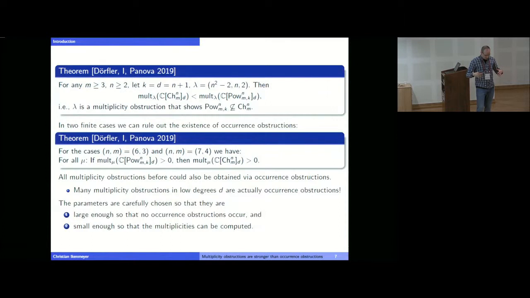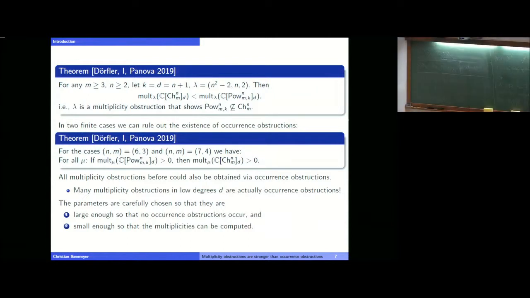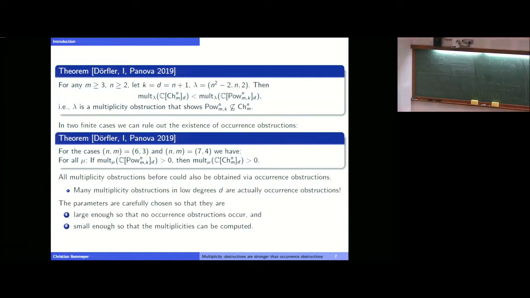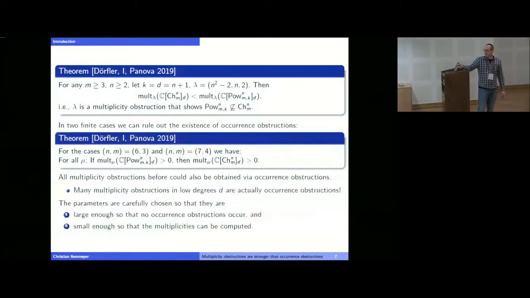If you are in very low degree, then it happens, as we saw here, that there are no multiplicities. There's a 2, 2, there's a 4, 0, and nothing appears twice. Right? And if you're in low degrees, this happens. And so if you only study the low degrees or whatever your computer can do, you will not find multiplicity obstructions. And so now these parameters here are chosen carefully so that they are large enough so that you have no occurrence obstructions, but small enough so that you can actually compute these numbers.